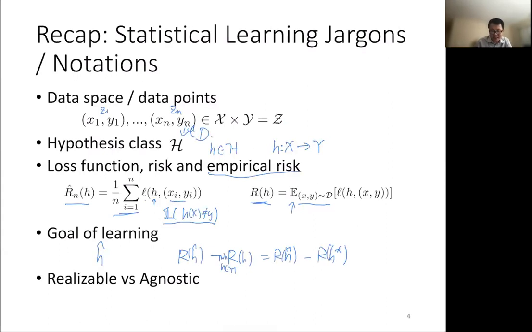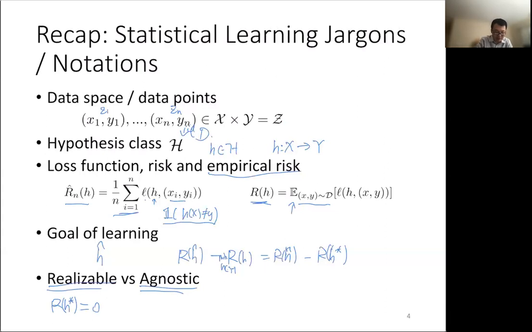The two typical settings that we consider in statistical learning are the realizable setting and the agnostic setting. In the realizable setting, the underlying assumption is that there exists a classifier within the given family such that the risk is 0, meaning that you can predict all data points in the sample space supported on this distribution perfectly with probability 1.